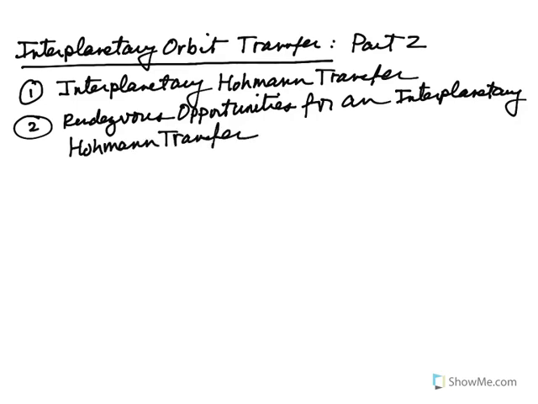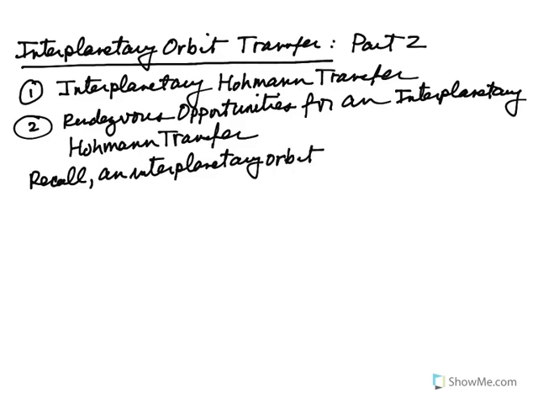Now, these two parts that we had described previously essentially formed the middle part of our study, because if we recall, an interplanetary orbit transfer is conceived in three parts.